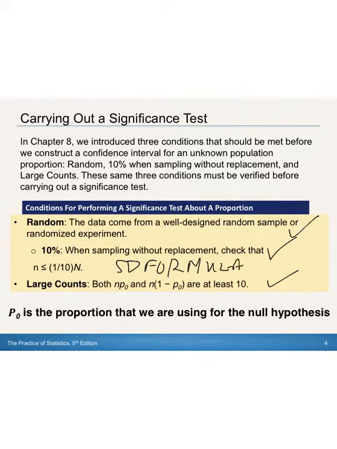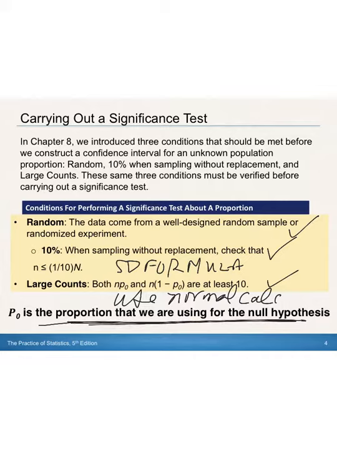And the large counts condition allows us to use normal calculations. And for all of the work we're doing until we have that distribution built, we're always using the p from the population.